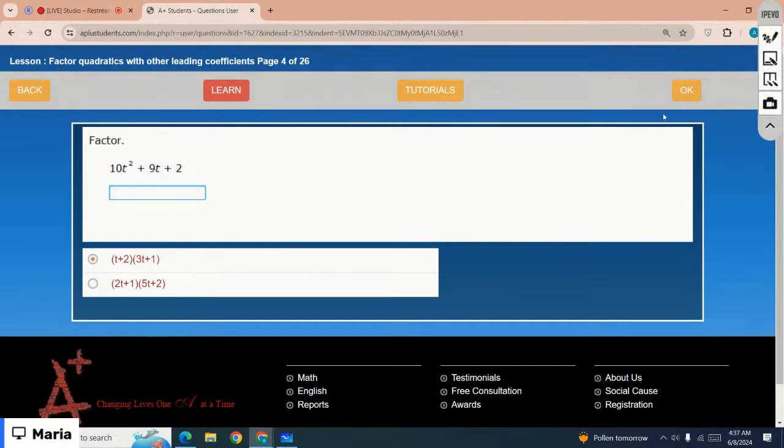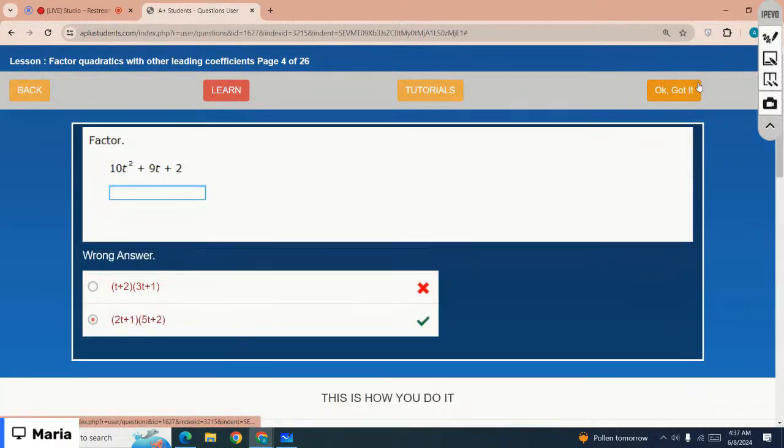T plus 2 times 3t plus 1 is the correct option. That is 2t plus 1 and 5t plus 2. Sorry, that's option number 2.